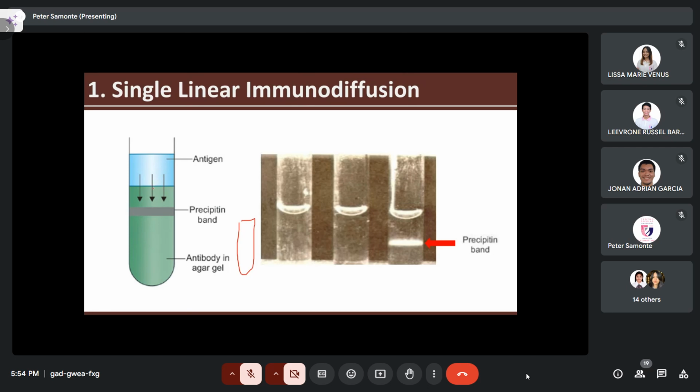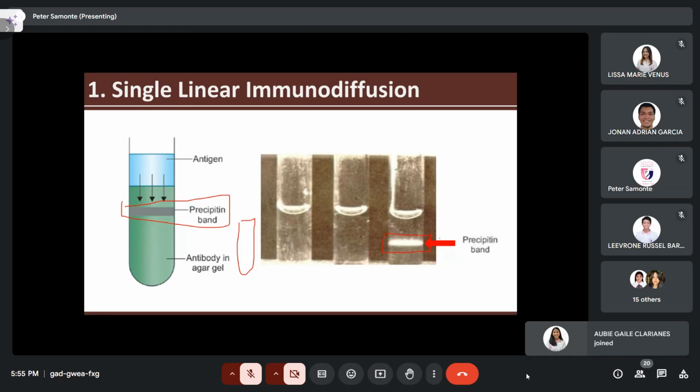Again, diba, they would be attracted to one another. Antigen would be attracted to the antibody. Antibody would be attracted to the antigen, forming a precipitin band at the middle. Ito siya. This is your precipitin band. At the middle of the gel, of your antibody gel and your antigen.